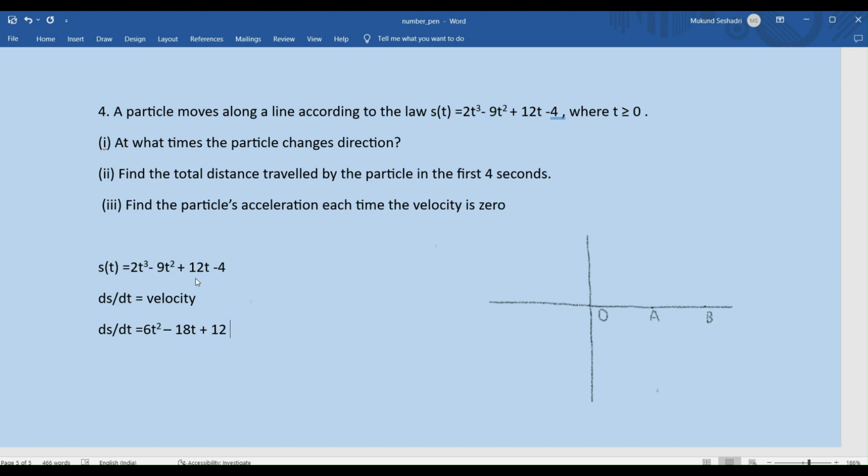So this is the velocity of the moving particle at any instant t, which is always greater than or equal to 0.